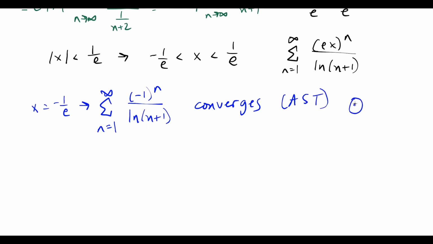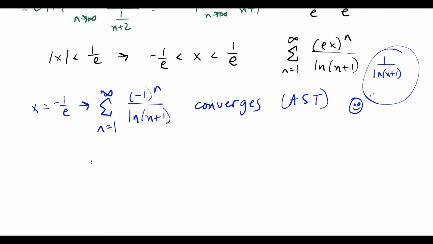And the way that I know this is I look at the non-negative part, 1 over ln n plus 1. So just this on its own is positive. This sequence of terms will be decreasing, and the limit as n goes to infinity of this expression here will go to 0. So that tells us the alternating series test does apply and tells us this series does converge.